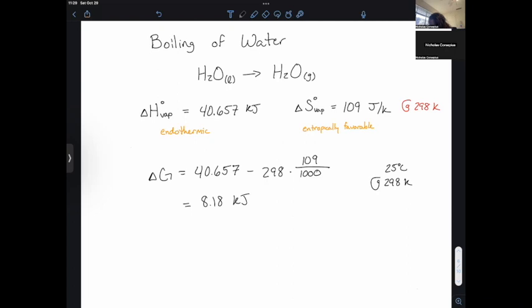So that would be non-spontaneous, which checks out, right? Water is not going to boil at room temperature. All right, well now let's crank up the temperature. And we're going to do the same calculation at 150 degrees Celsius, which would be, what is that?